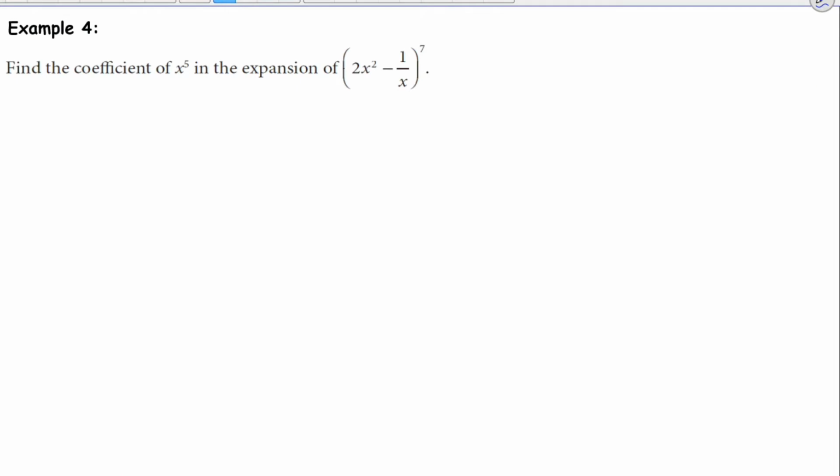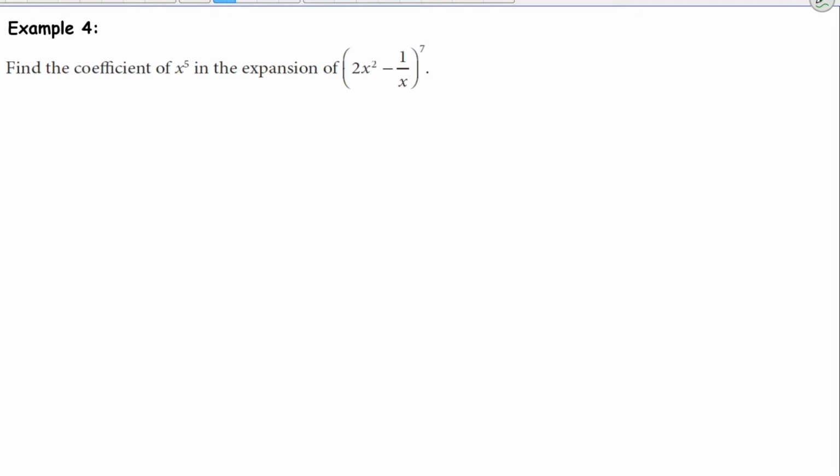In this example, we are required to find the coefficient of x to the power 5 in the expansion of 2x squared minus 1 over x, all to the power 7. So the first step here is to write down the binomial theorem.